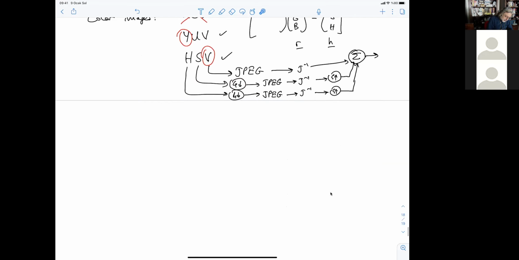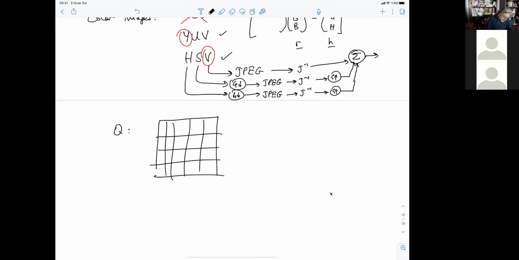A further technical note to take a look at is the Q, which is essentially an 8x8 quantization matrix, where let's say this is Q1, this is Q2, etc. We essentially divide every DCT coefficient, for example C1, by Q1, and then we floor it.